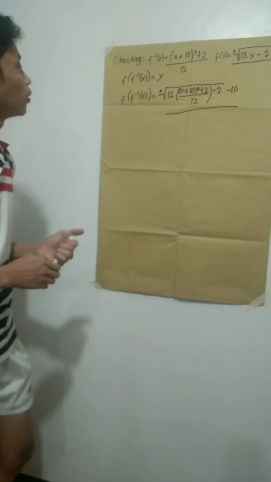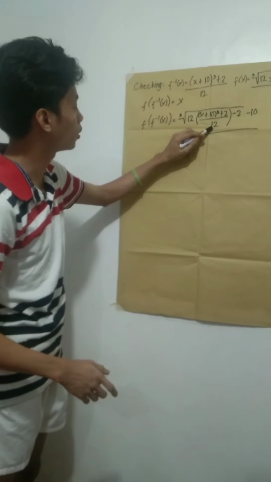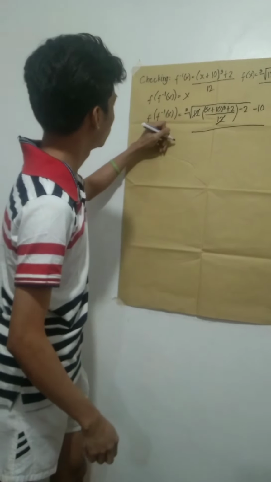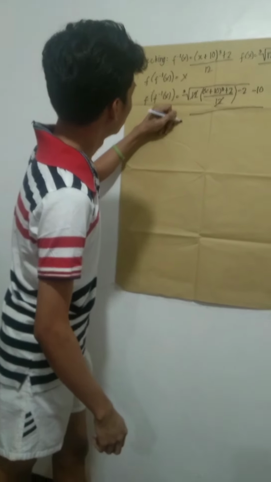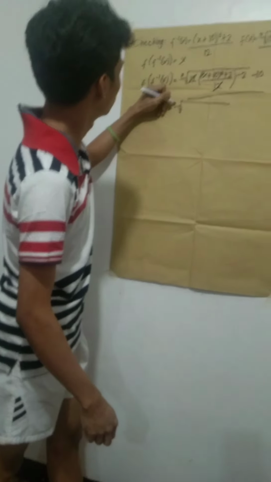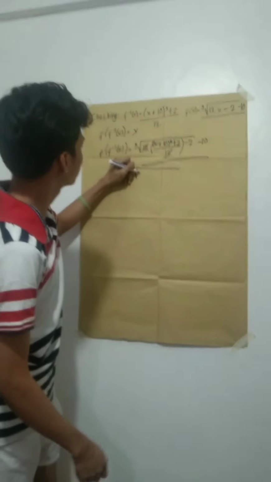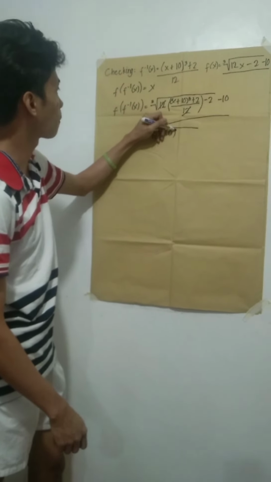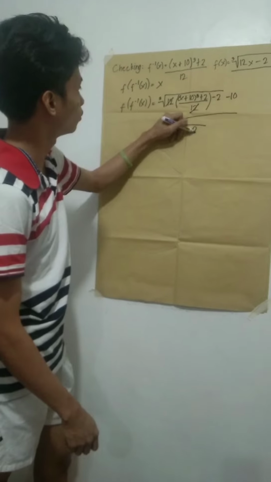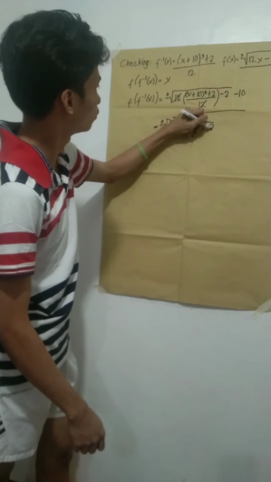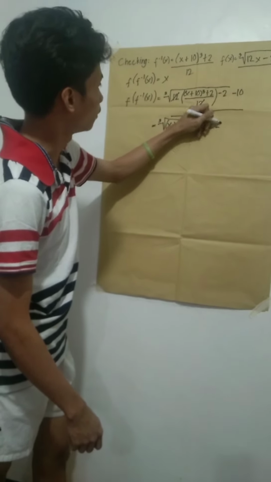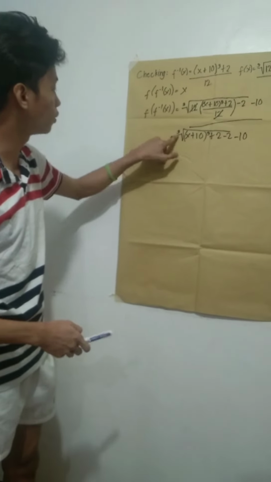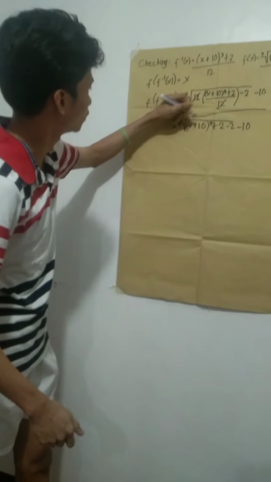So next, we're going to remove the denominator of this one, so that would be cancelled. So it is equal to cube root of (x plus 10) cubed plus 2 minus 2, minus 10. Next, we're going to remove this cube, so that is cancelled.